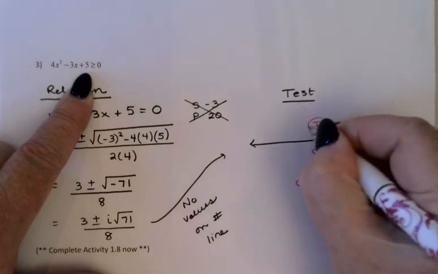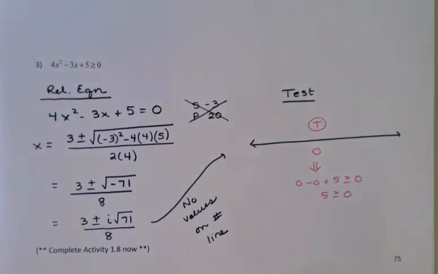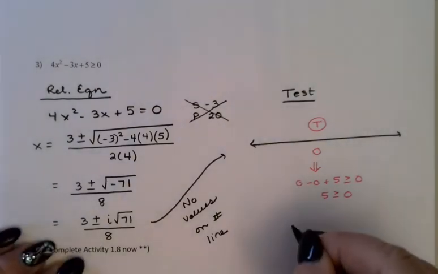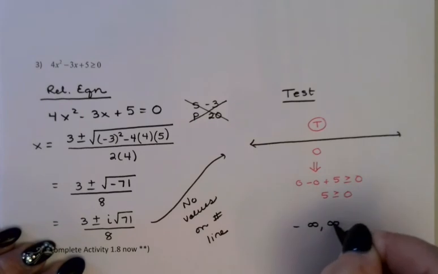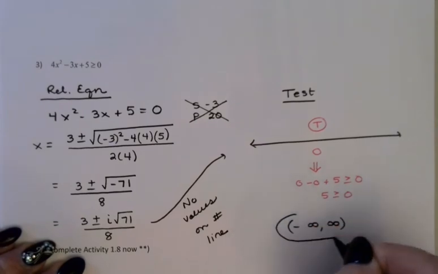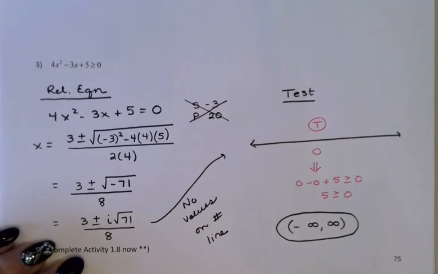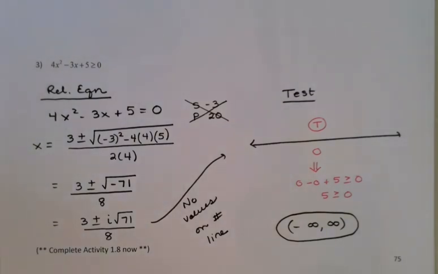So the whole thing is true. That means that my solution is going to be all real numbers from negative infinity to infinity. Of course, if that test had turned out false, then I would have had to say no solutions to this particular inequality. All right, that brings us to the end of section 1.8.